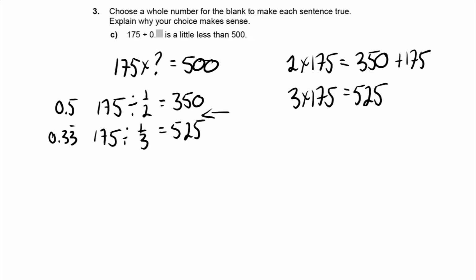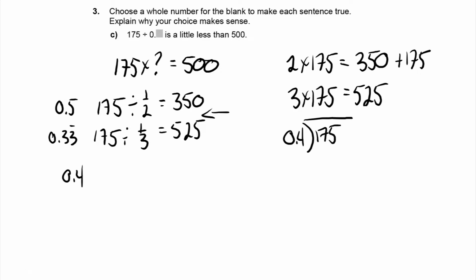So we're going to want something that's a little bit bigger than 0.33 and smaller than 0.5. If you look where it falls, we just want to be a little below 500, so it's much closer to the third than it is to the half. So I might say, well, I'm going to try 0.4. So what happens if I do 175 divided by 0.4?